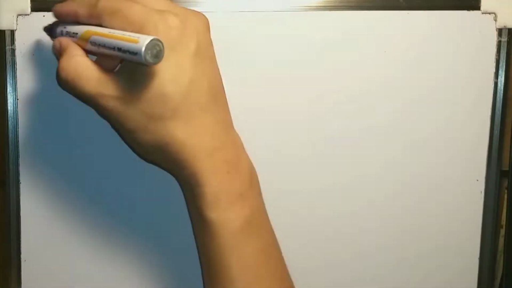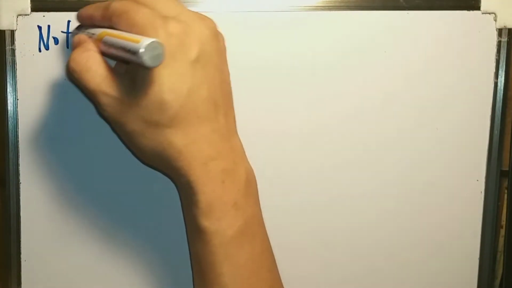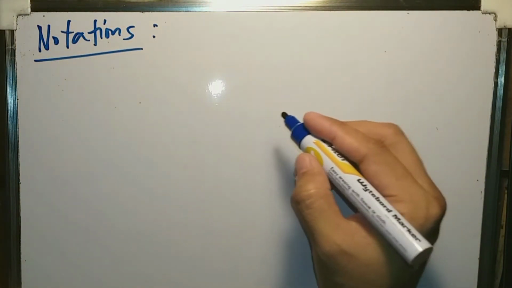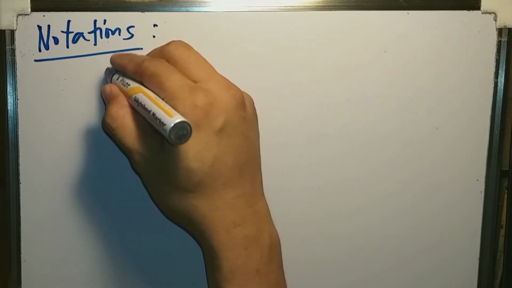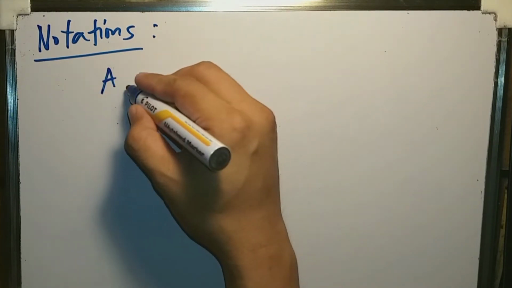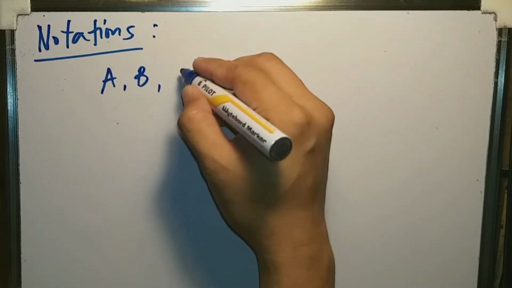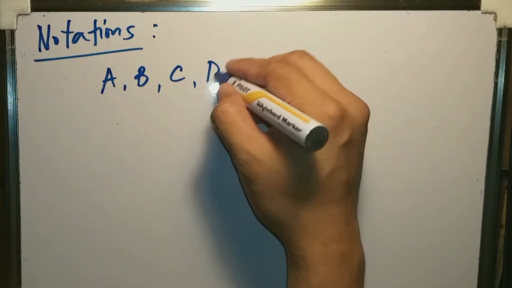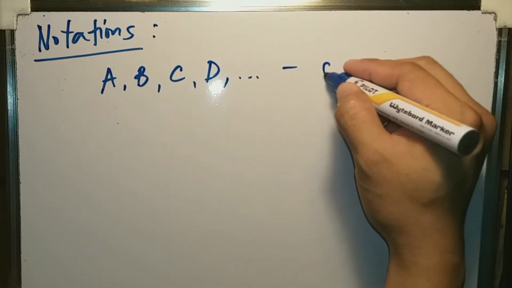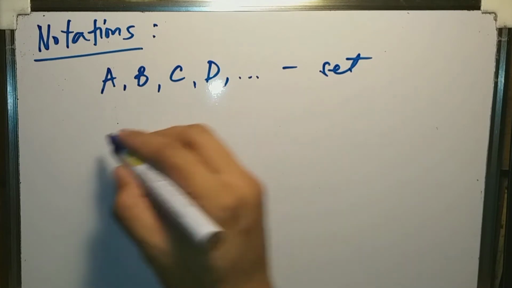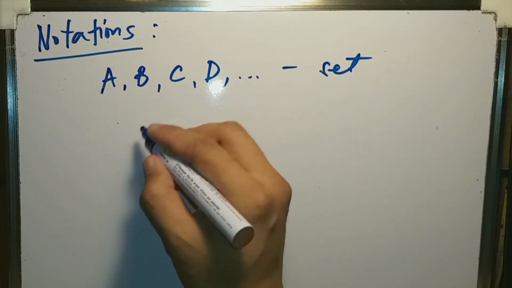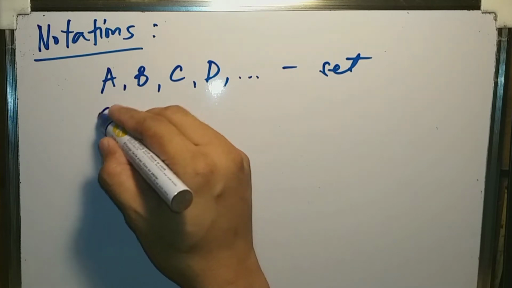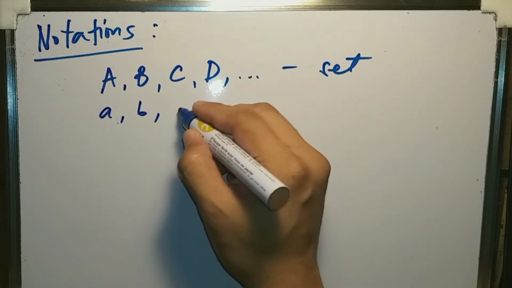So let's have some notations. We denote a given set by using any big letter. Now, for the elements of a given set, we denote it by any small letter.